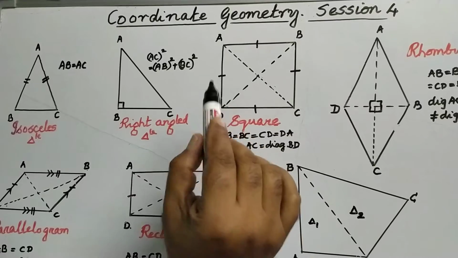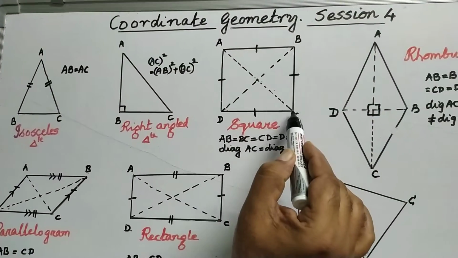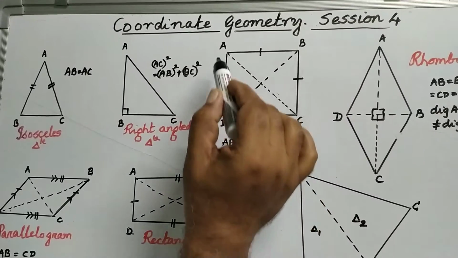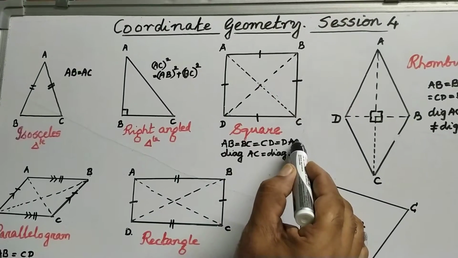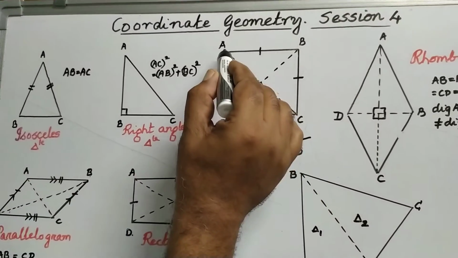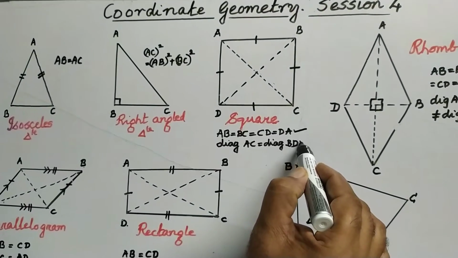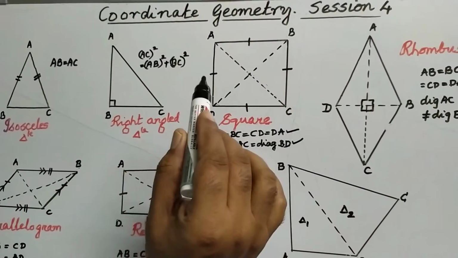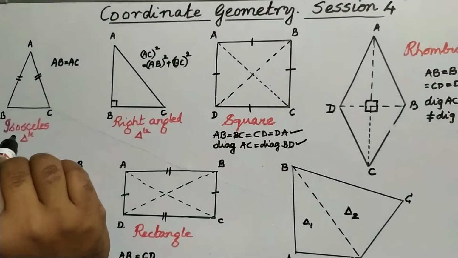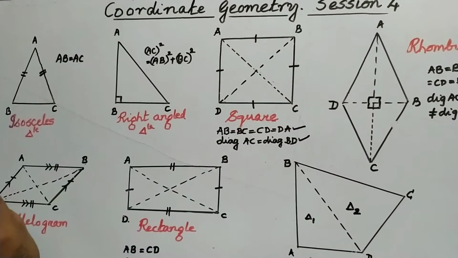It is enough if you prove that AB is equal to BC is equal to CD is equal to DA. If you prove that the four sides are equal, and if you prove the diagonals AC and BD are equal by using the distance formula, then the four vertices form the vertices of a square.